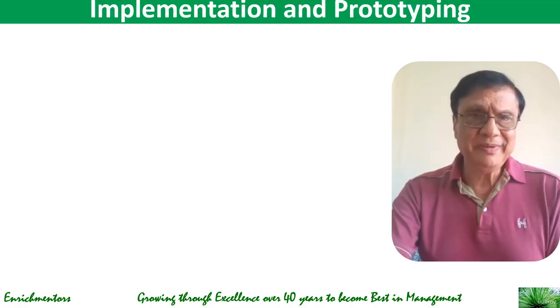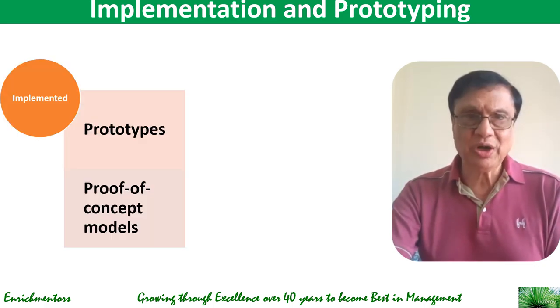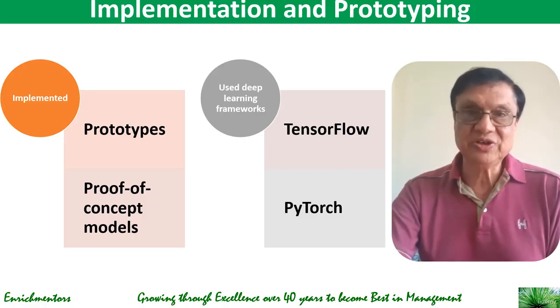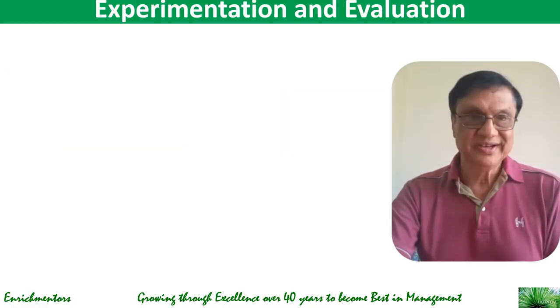Then they began implementing the prototypes and proof of concepts models to explore the proposed techniques, and they used deep learning frameworks like TensorFlow and PyTorch to develop and train text classification models for their research.